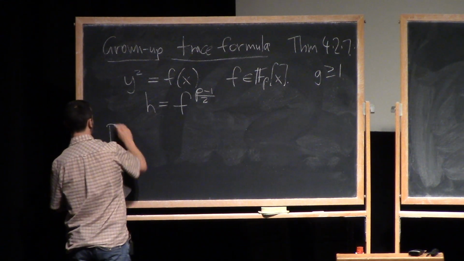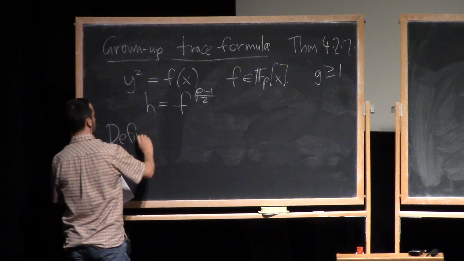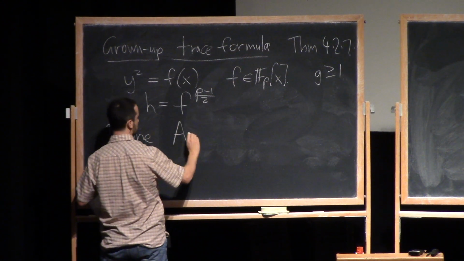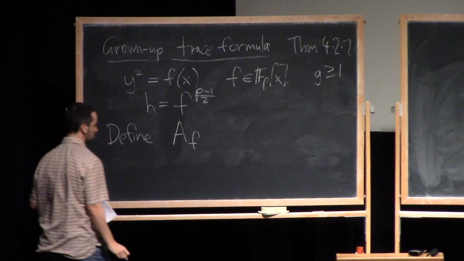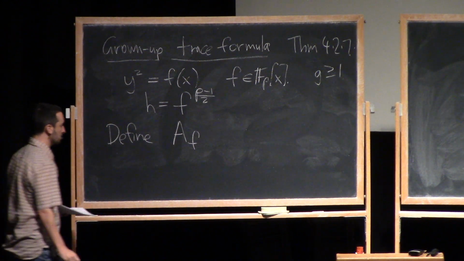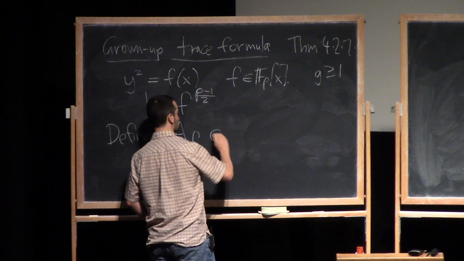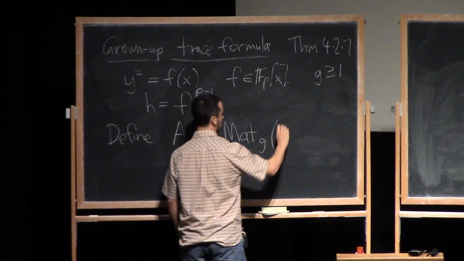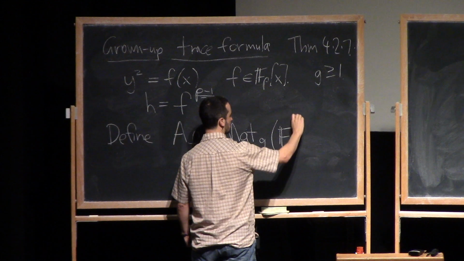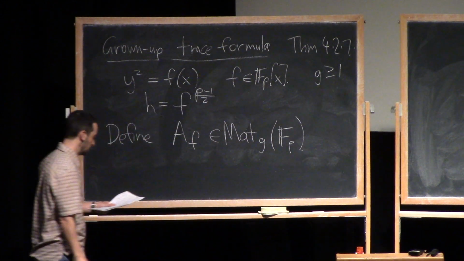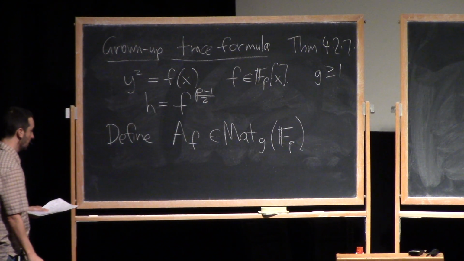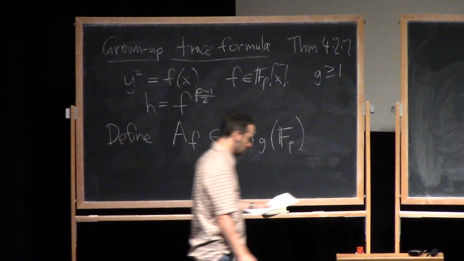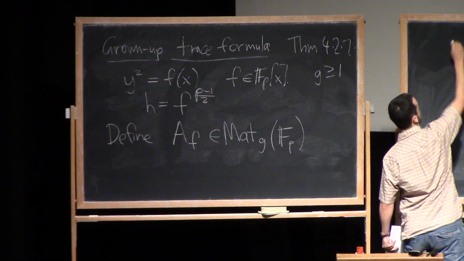So I'm going to define a matrix, which I'm going to call A sub f. So this is a g by g matrix with entries in FP. And its entries are given very explicitly as follows.